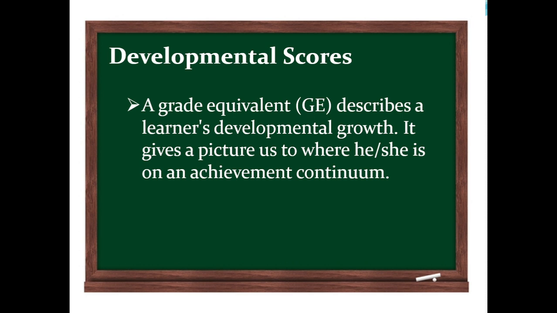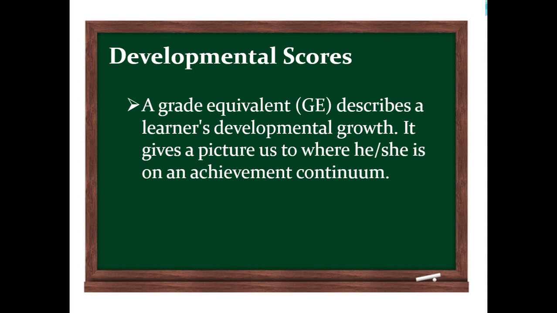For example, if a second grader obtains a grade equivalent of 4.2 in language mechanics, it means he or she is a typical fourth grader. In 4.2, the 4 is the fourth grade.